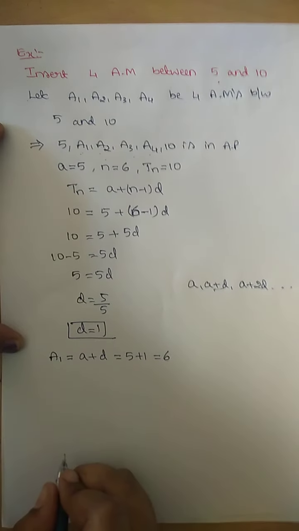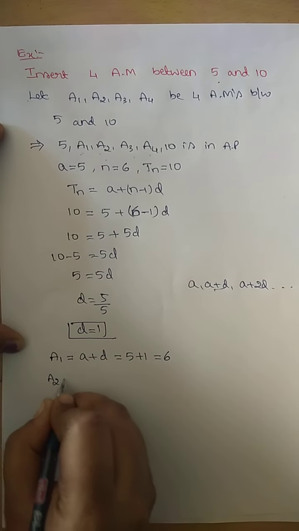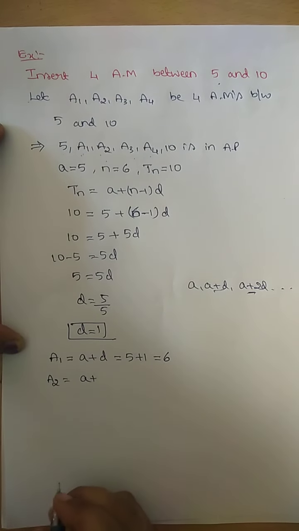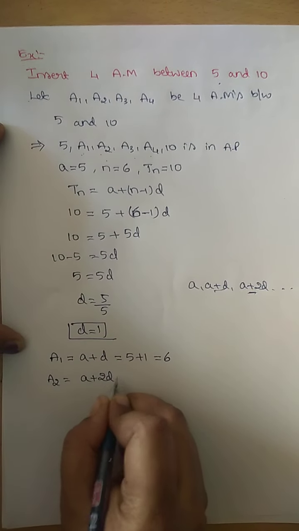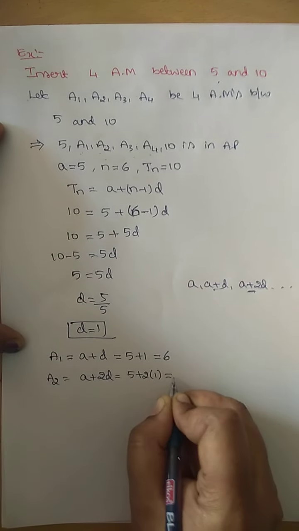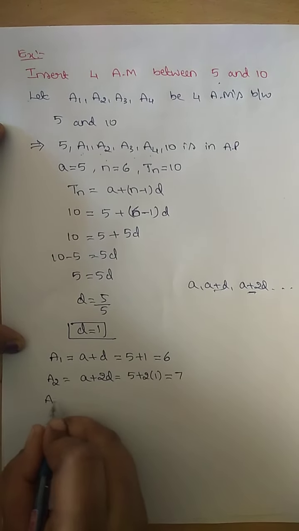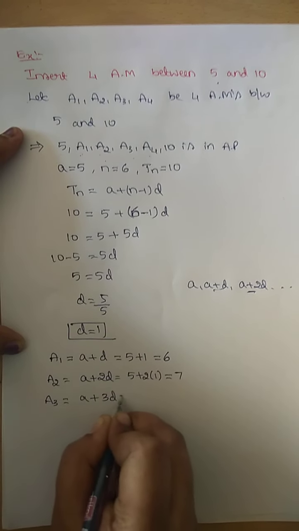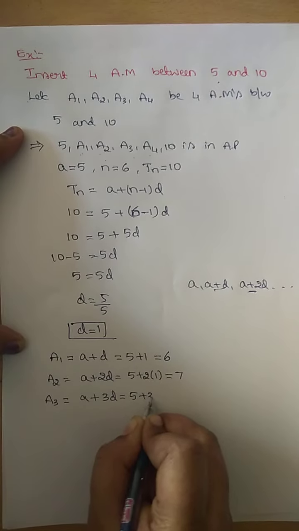Therefore 5 plus 1 equal to 6. a2 is the third term, a plus 2d equal to 5 plus 2 into 1, which is 7. Similarly, a3 is the fourth term, a plus 3d equal to 5 plus 3 into 1.